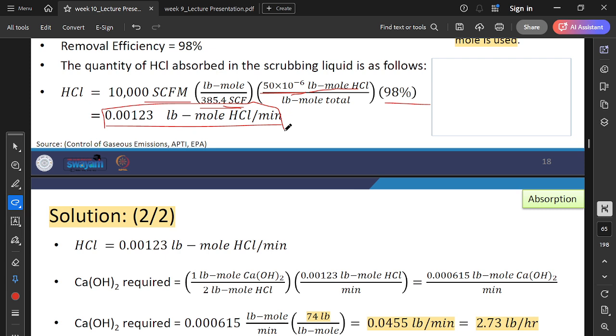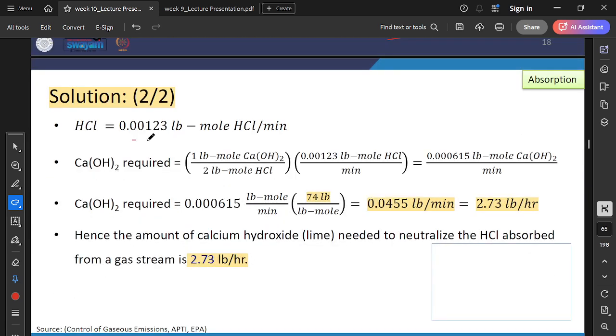For that, 2 HCl will require 1 Ca(OH)2, right? So if this much HCl is there, how much Ca(OH)2 is required? Divide that by 2. Here you can see 1 lb mole requires 2 lb moles of HCl.